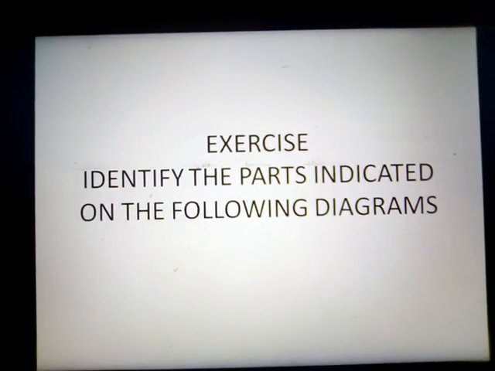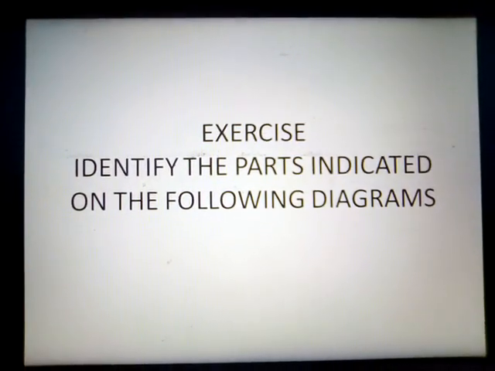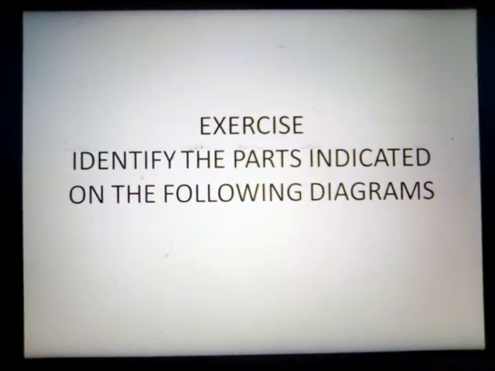Exercise. Identify the parts indicated on the following diagrams.